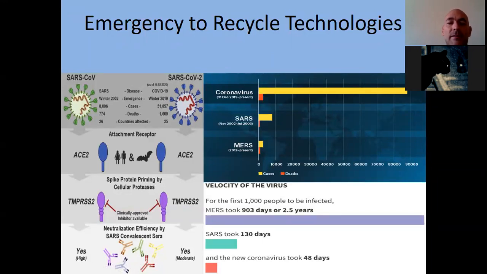Now, if you look on the right side, you have the number of cases and number of deaths for SARS, for MERS, and for this recent coronavirus. And you can see the scale. The scale for this coronavirus is extremely aggressive.